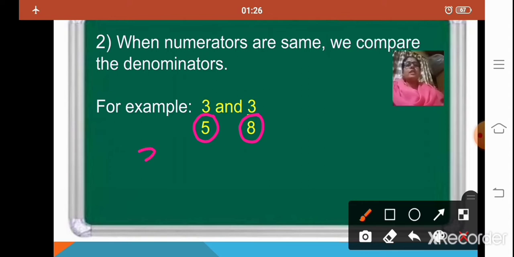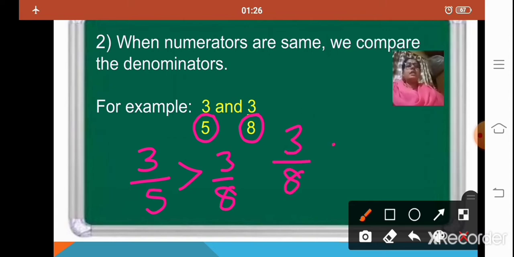So, here you can say that 3 upon 5 is greater than 3 upon 8, or you can also write it as 3 upon 8 is smaller than 3 upon 5. So, when the numerators are the same, we compare the denominators, and larger the denominator, smaller is the fraction.